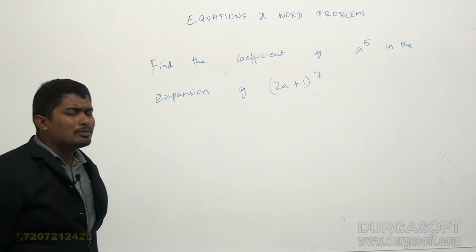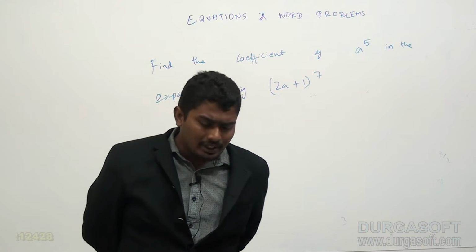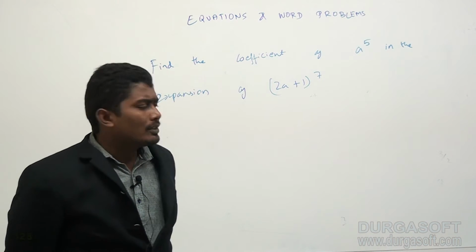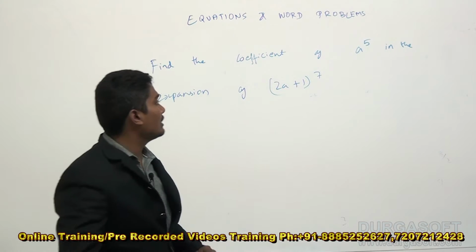Now, (2a plus 1) the whole power 7 is a very difficult task to find directly, but we have a very simple trick, which is Pascal's triangle. So we will be using Pascal's triangle to find the answer here.